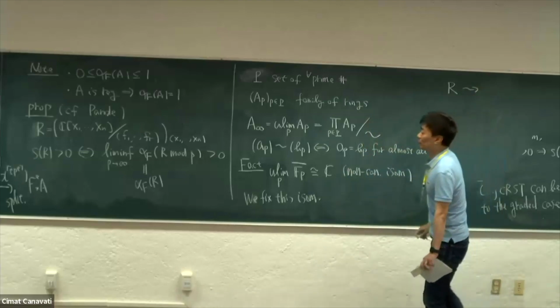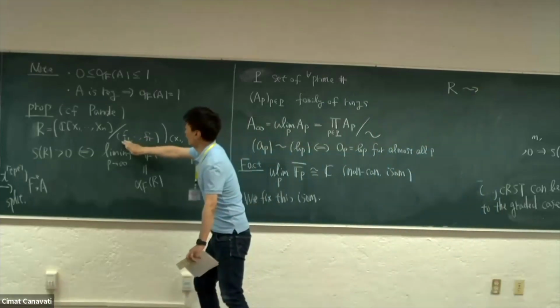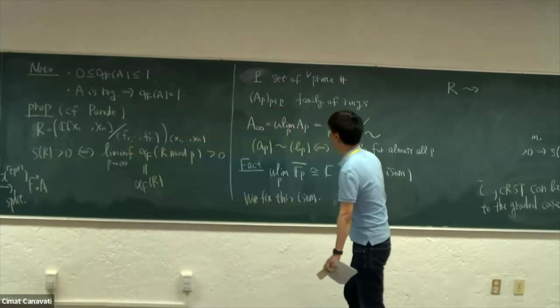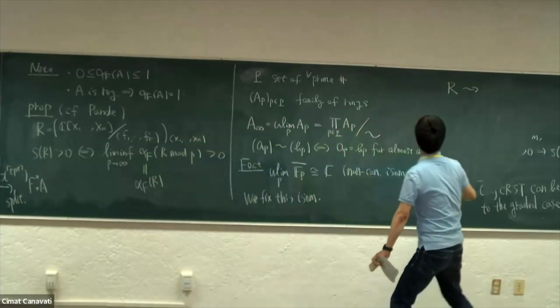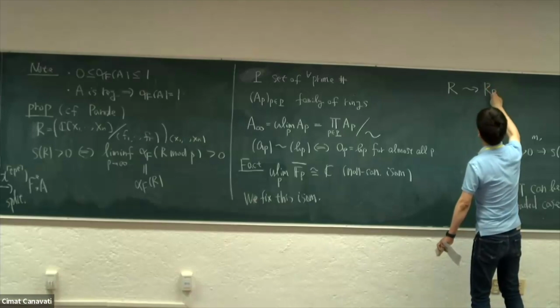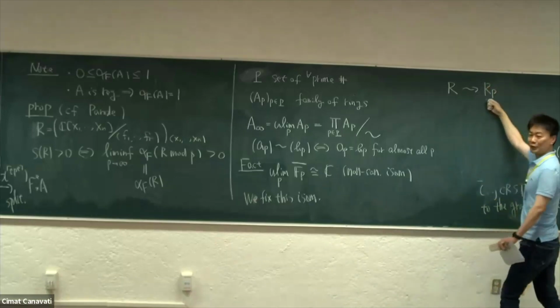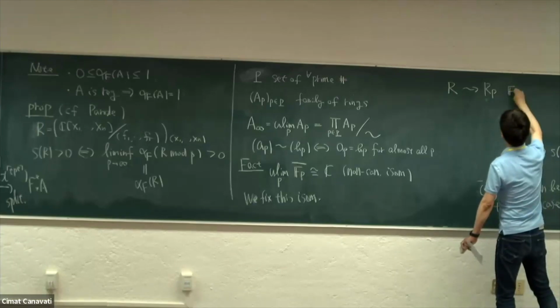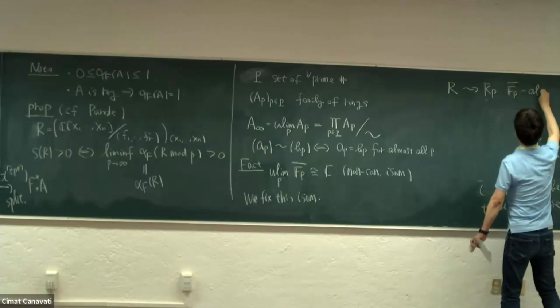Basically, if you replace the coefficients of f_i by the corresponding numbers in F_p bar, you get a ring R_p. So this is an F_p-algebra.